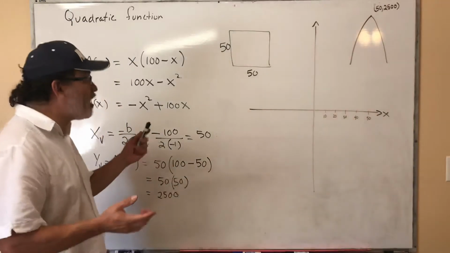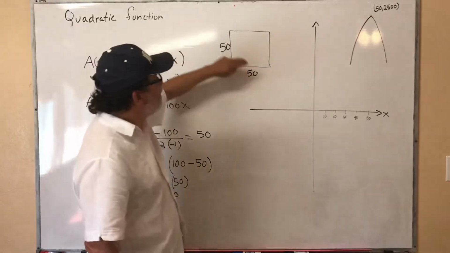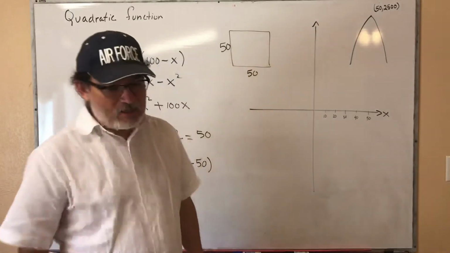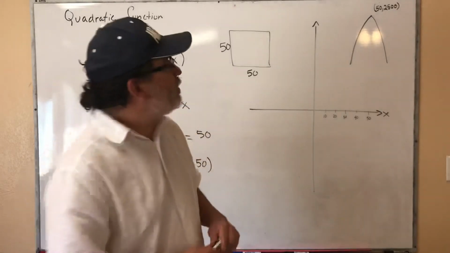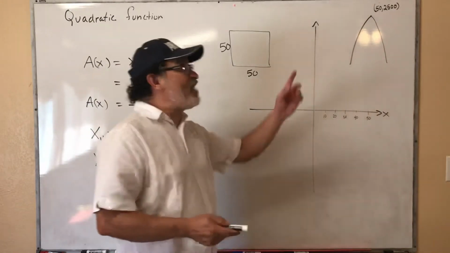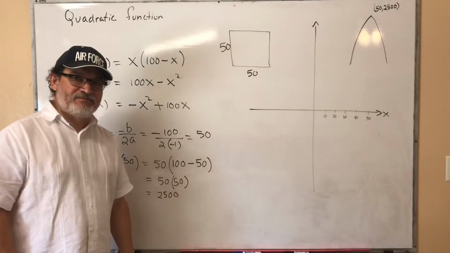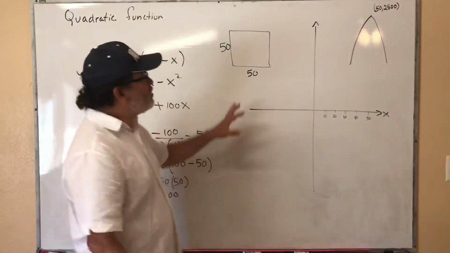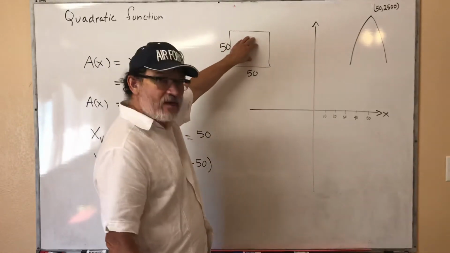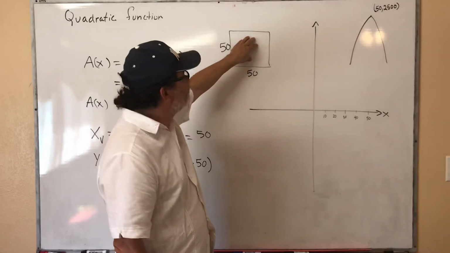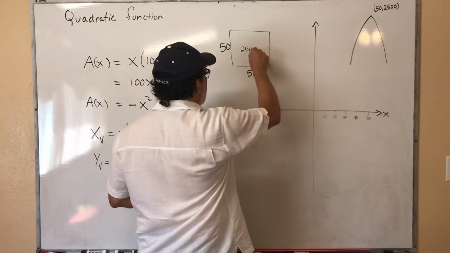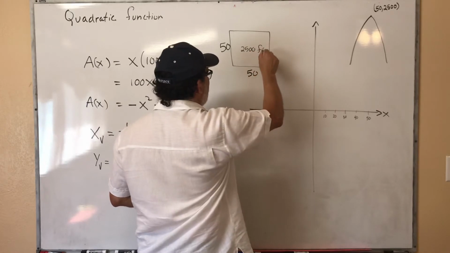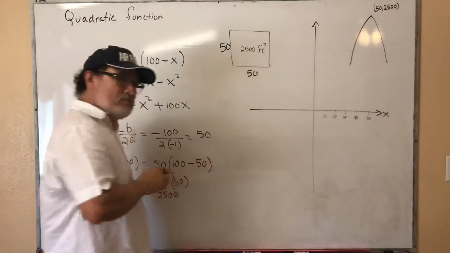So the enclosed area should be a 50 by 50, okay? And so here's another one. What is the maximum area? The maximum area is 2,500 square feet. That's the maximum you can have for this enclosed area. Okay? 2,500 feet squared. Okay.